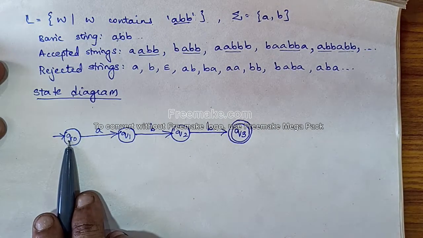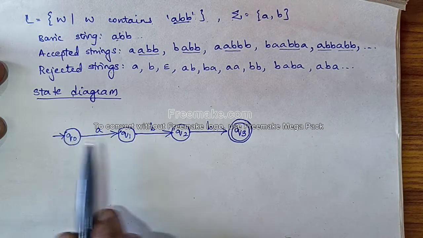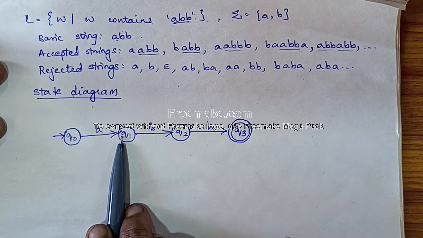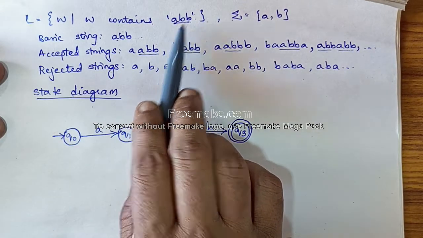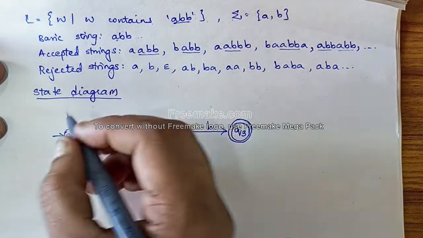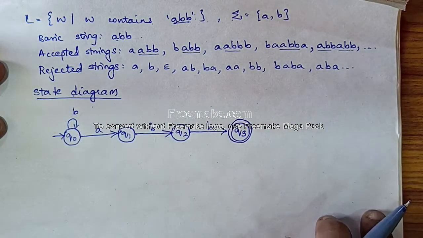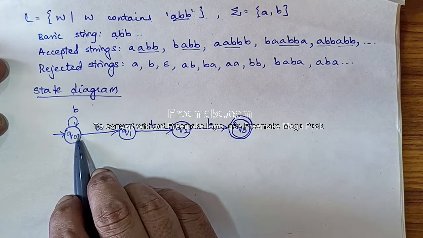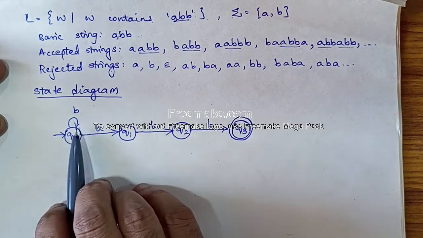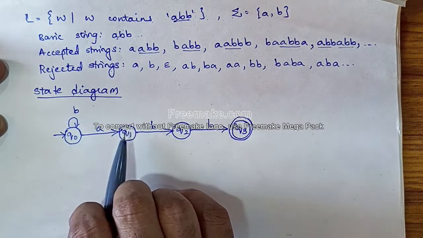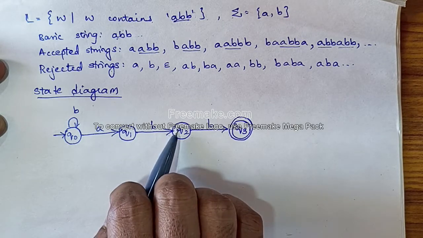Next, this is not a complete DFA. The reason is I need to have a transition on every input symbol from every state. On Q0, I know what to do on getting an A. On getting a B, what has to be done? Since the condition is contains ABB, I can start with anything. So I can start with a B as well. Any number of B's is a valid string. So on Q0, I have handled both A and B. Next, Q1 on getting a B goes to Q2.